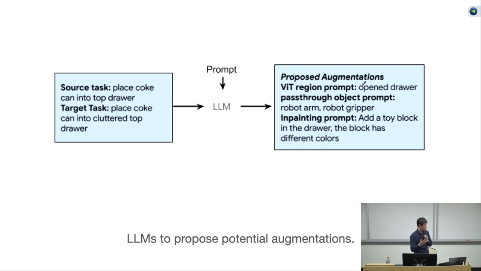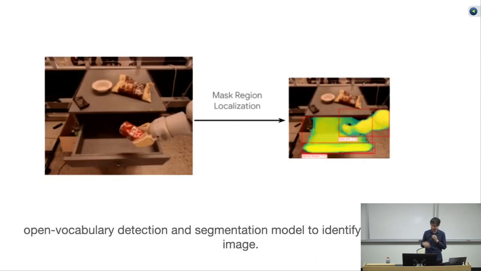Then it also provides you the in-painting prompt. Add a toy block in the drawer. The block has different colors. That's its own understanding of clutter. Given this information, we use an open vocabulary detection and segmentation model to identify where to alter the image and where we should not touch the image.